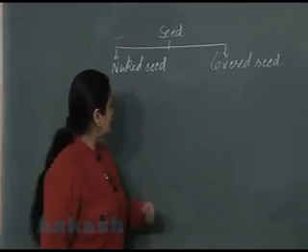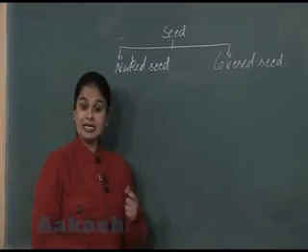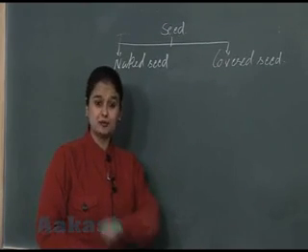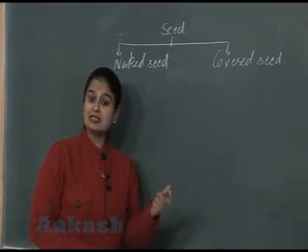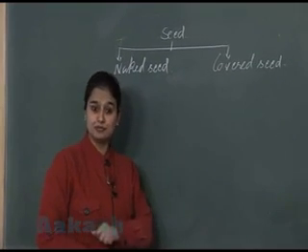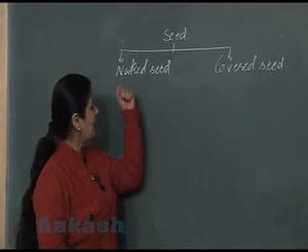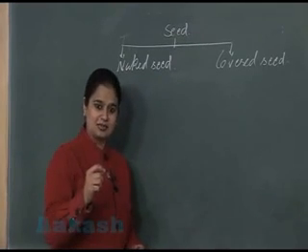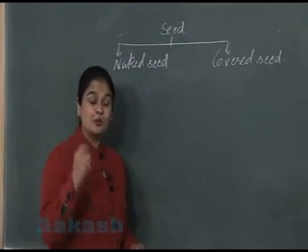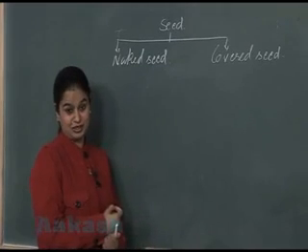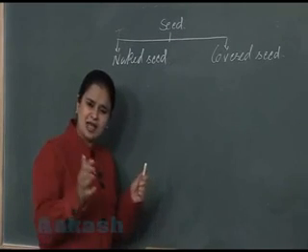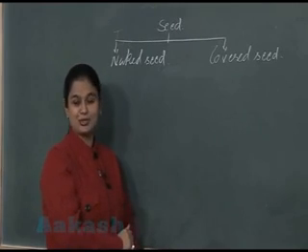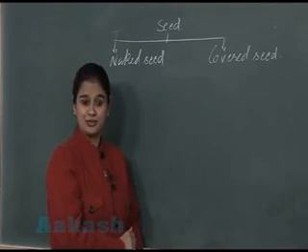First of all, let's deal with this one. Naked seed means the seeds are not present inside the fruit. This condition represents the naked seeded condition. All the plants which have this type of condition are aggregated together and represent a group, and this group is known as gymnosperm.